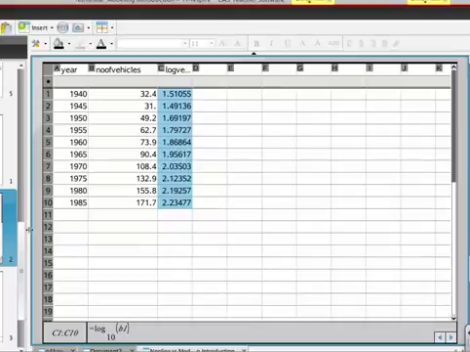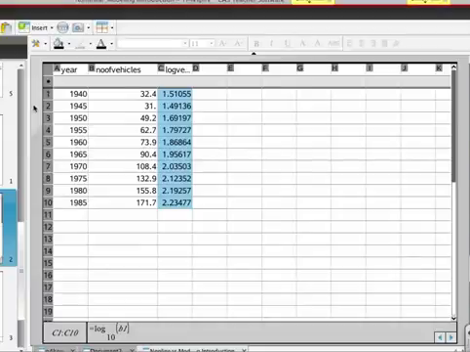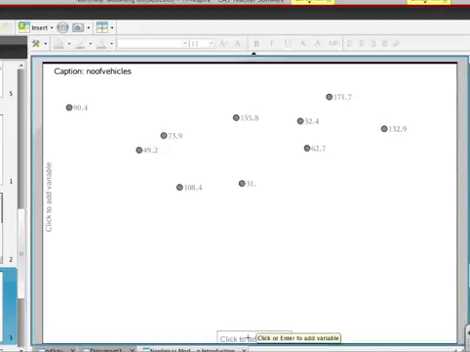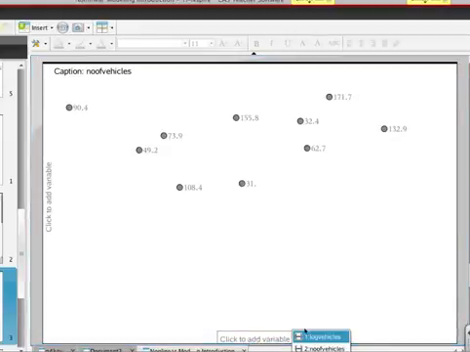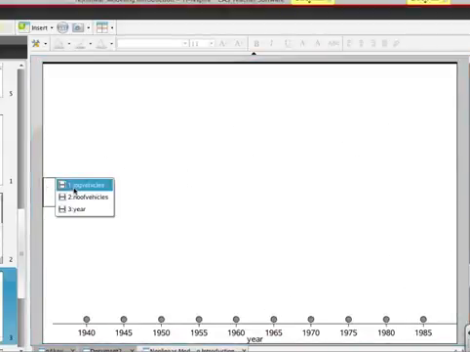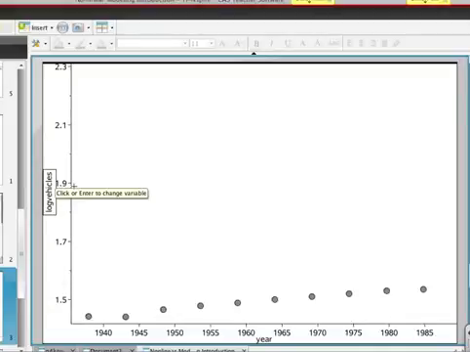And then let's add another data stats page. And this time we want x, which is year, against the log of the number of vehicles.